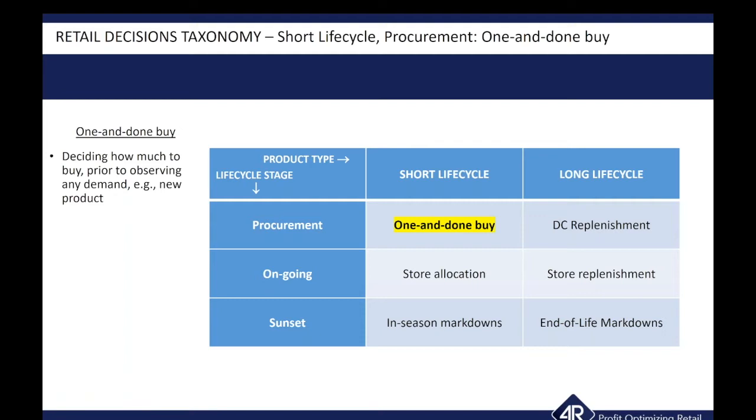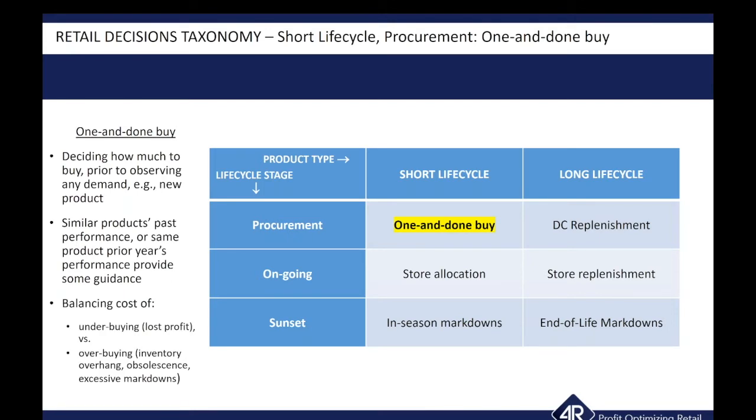Sometimes the retailer can rely on prior season sales of the same or similar products to provide directional guidance on the quantity to buy, but it still represents a blind gamble for the most part.